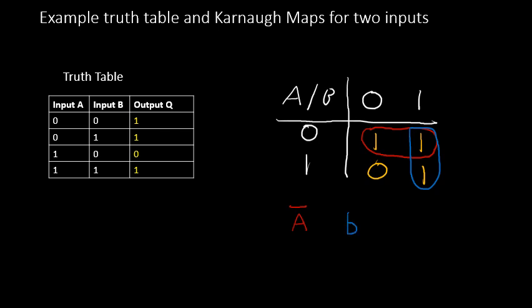To combine the two boxes together to create our overall algebraic expression, we OR them together. So we put a plus here to indicate that we're ORing the not A or the B. And that's it. That's our simplified Boolean expression there.